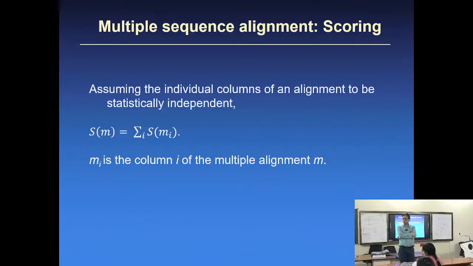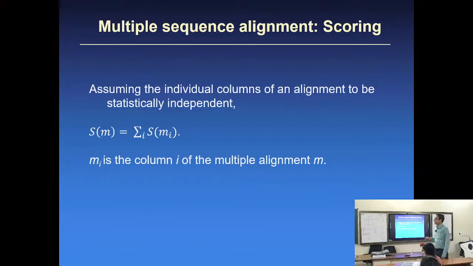You get a score for the first position, then the second position, third position, you add them up, and that is the score for the alignment of two sequences.